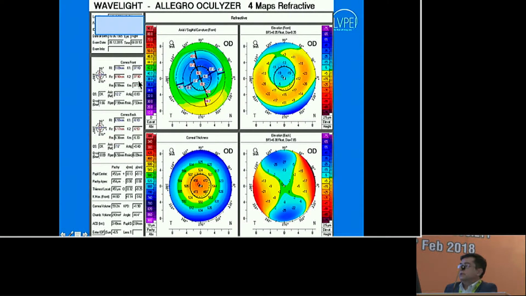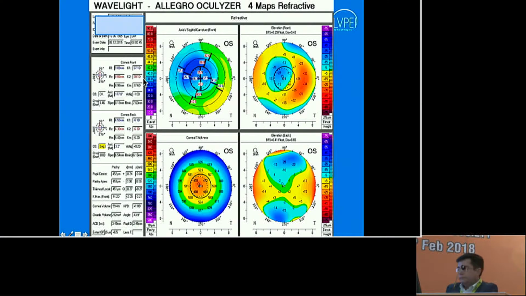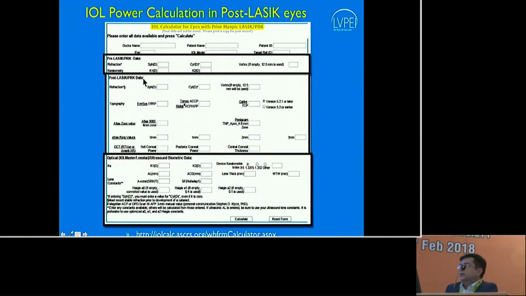You can see the keratometry is as flat as 37 in almost both eyes. We routinely use the ASCRS IOL online calculator for these kinds of situations. As you can see, it has inputs.